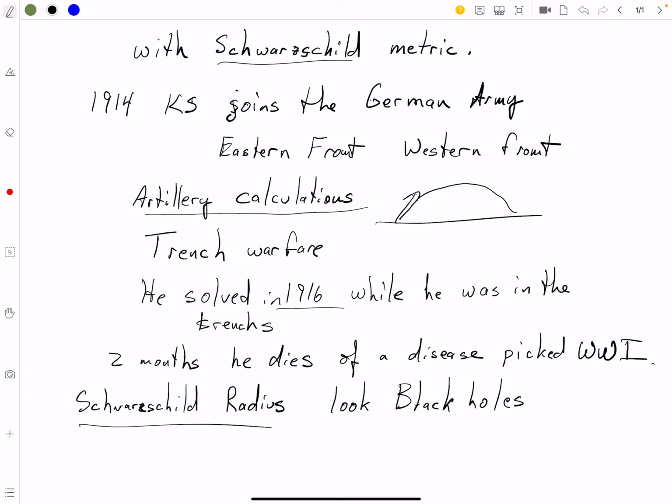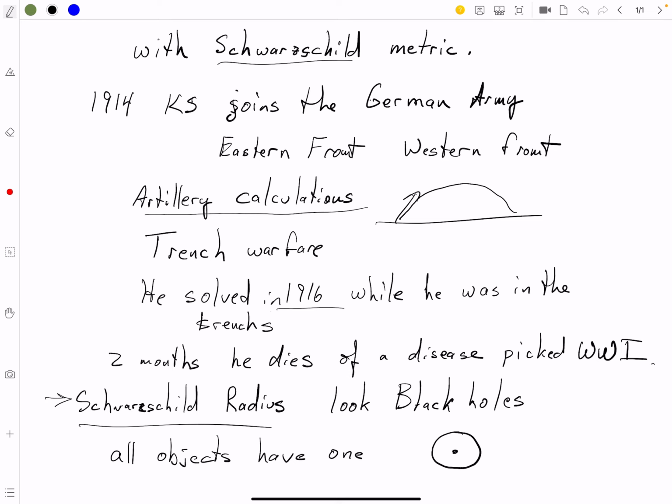And there are some interesting things about a Schwarzschild radius. All objects have one. You have one, I have one. The Earth has one. But typically, the Schwarzschild radius is inside the body of the object, right? It's smaller than the external boundaries of the body.